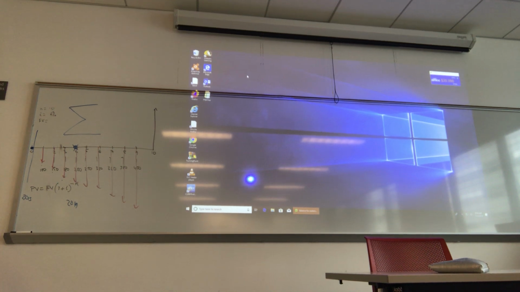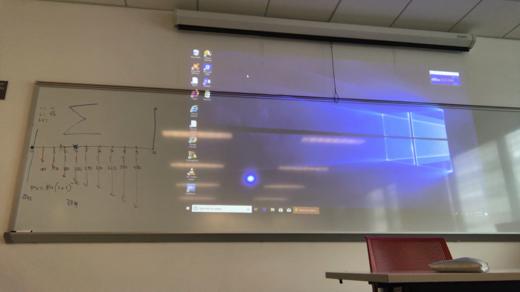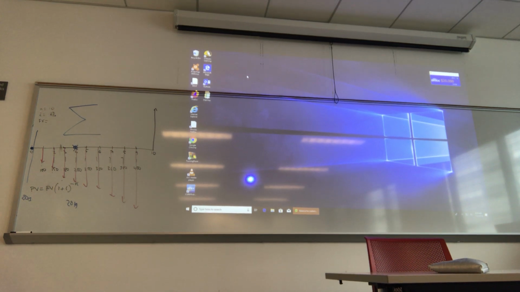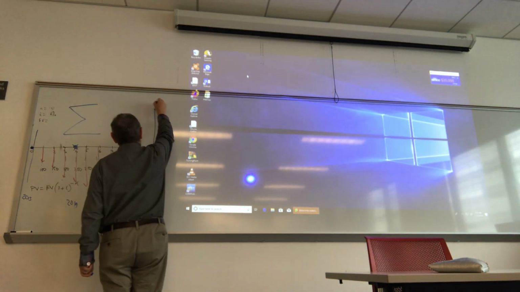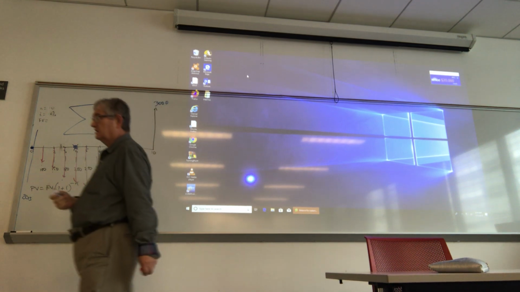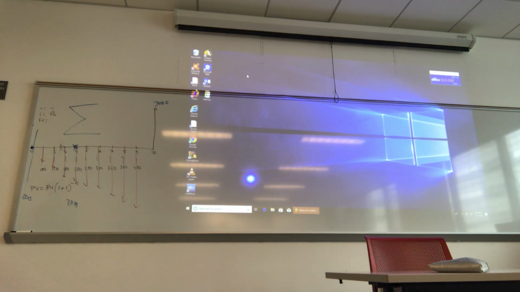No, all the cash flows: 100, 150, 180, 200, 250, 350, 360, 380, 400. How much is this? Let's say 3,000. Can you evaluate how much this investment plan is worth not in 2015 but in 2019?